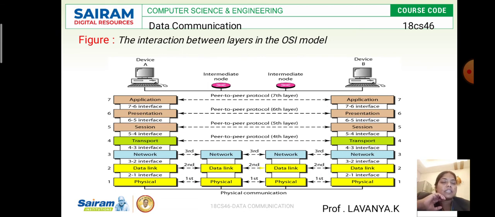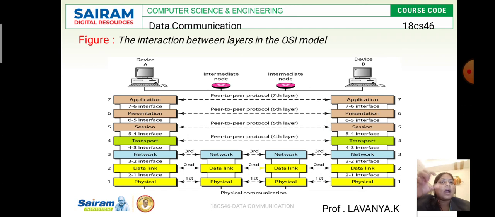Then what is the physical address? When the sender wants to communicate with the receiver, that is, send the data to the receiver, it adds the address at the header side of the given frame.